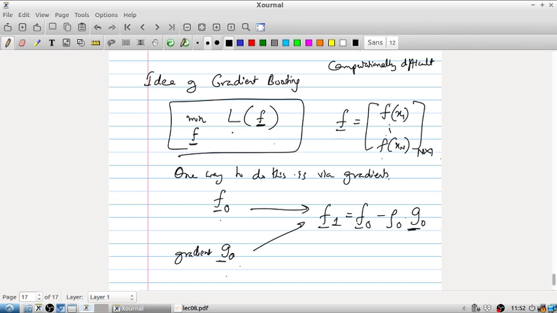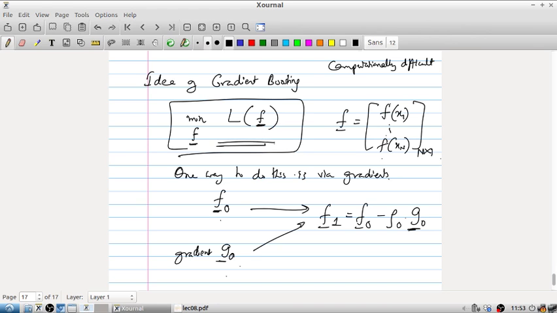Let's think of an iterative procedure. Let's start with some n numbers f naught. The underscore bar just means these are all vectors in R^n, an n-dimensional vector space. Let me start with some starting point f naught, and make iterative updates such that after some time I get to the best n numbers that minimize this loss function.